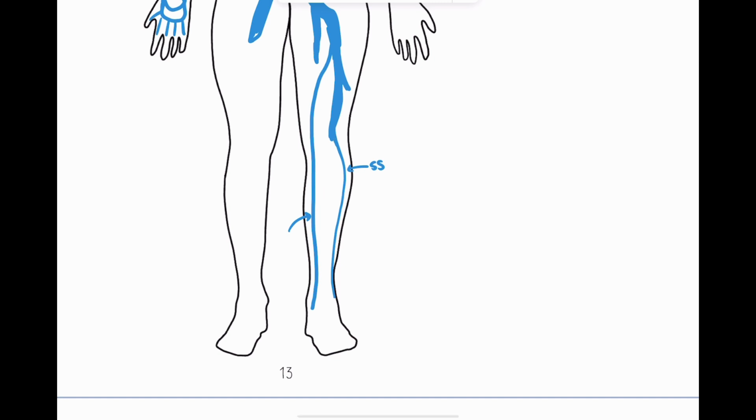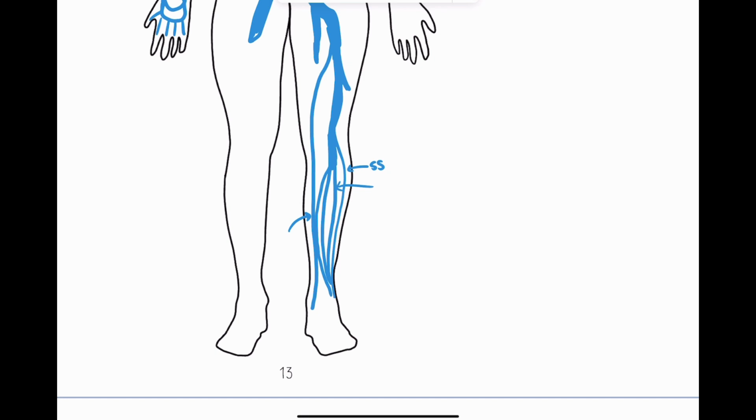We're going to have also breaking off here's my popliteal. The popliteal is going to break off into those three other like we had before. So we have 1, 2, 3. So now we have 5 veins in our leg versus the 3 that we saw in the other one.